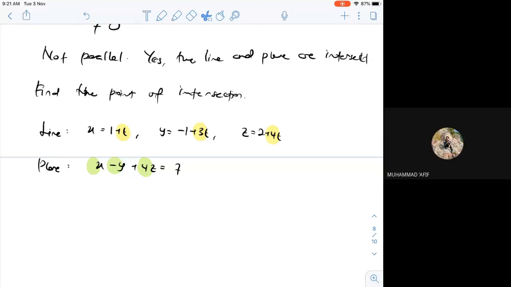Ganti x, y, z. Yes, we need to substitute x, y, z into the equations of plane. So you should substitute equation of line into the equation of plane.